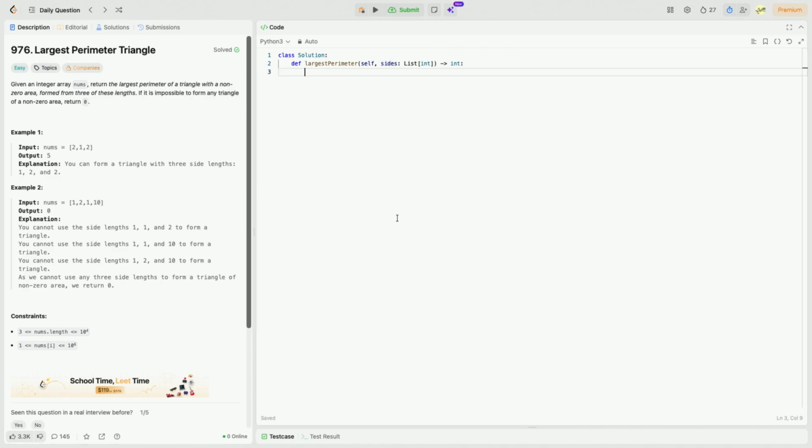So that would be an O(n^2) time plus O(n log n) if we wanted to sort the array as well. And I guess we have to sort it to make that a little easier, otherwise we won't get away from the O(n^3) runtime.